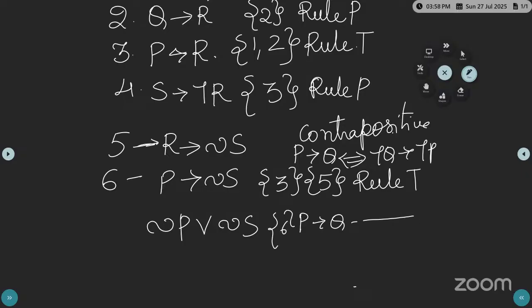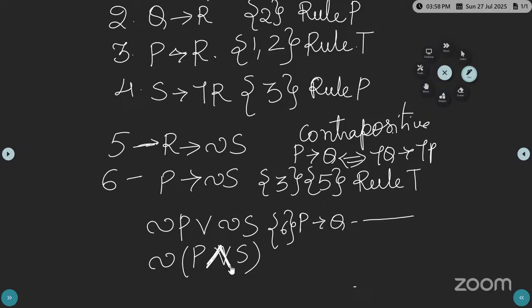From 6. Next, what are you doing here? I am taking negation common. Negation of P or S. Sorry, negation of P and S. It will become negation P or negation S.